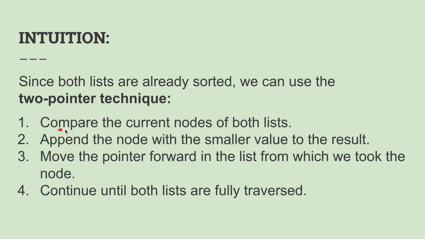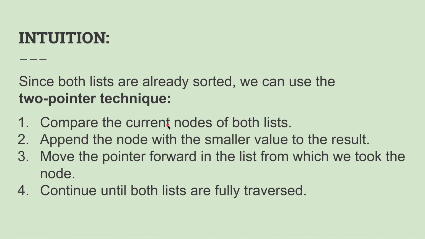First of all, we'll compare the current node of both lists. We'll keep a pointer on the current node, and we'll keep checking the value of the node in list 1, and similarly with list 2, okay?